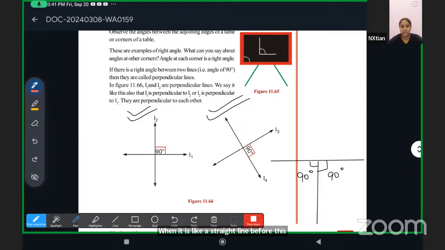So 90-degree angles are forming, so those are all perpendicular lines. Ma'am, L? L, yes. L is definitely a perpendicular line. Ma'am, is E even a perpendicular line? E and F? E and F.